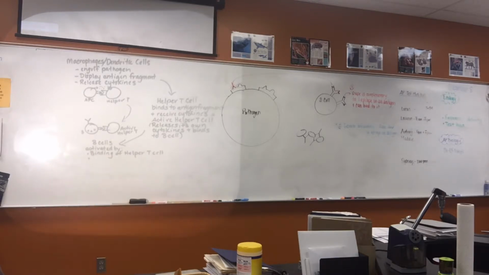But what's the second thing that helps activate it? What does the helper T cell do? Yes, it releases more cytokines, which activate it, all right? So the cytokines from the helper T cell.